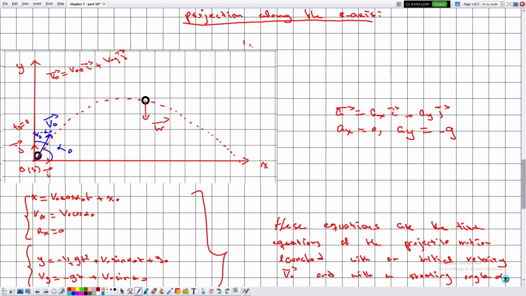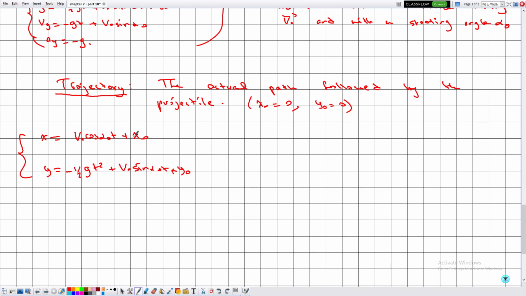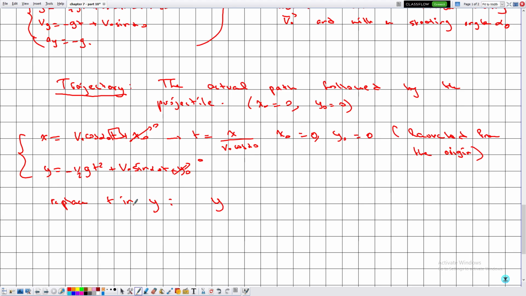But now let's consider the simple case in which x0 is 0 and y0 is 0, launched from the origin. So now if you extract time from here, time will be given by x divided by v0 cosine alpha 0. Replace t in y, yes.